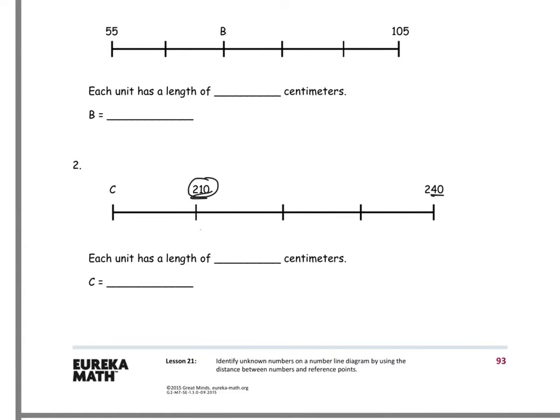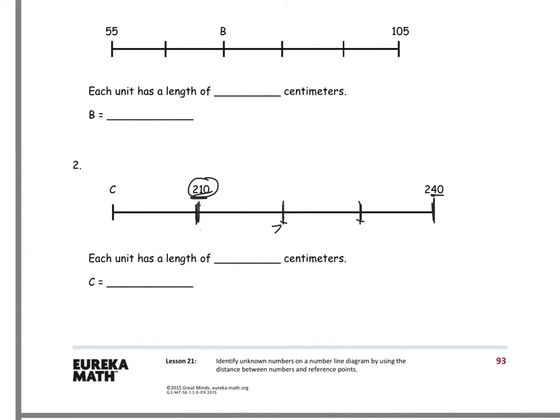And I see that I only have a couple spaces to go, so I'm thinking it's not going to be 1s. And it could be 5s, but it might be 10s. So let's try 5s. 210, 215, 220, 225. Not quite, so let's try 10s now. So 210, 220, 230, 240.